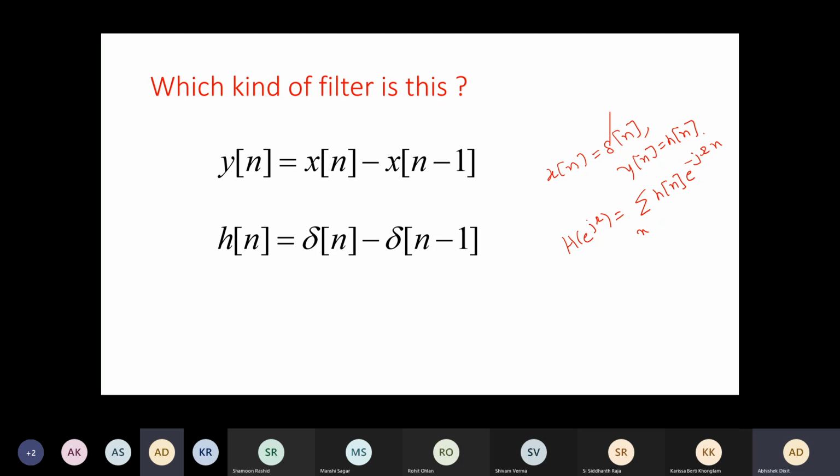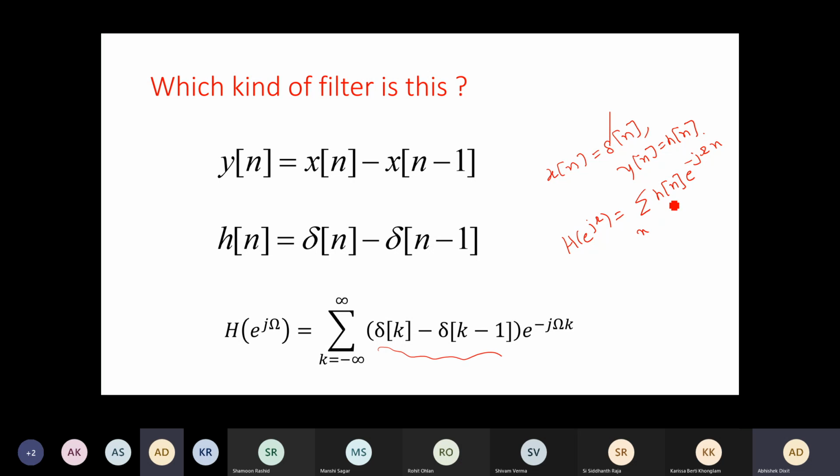So now it's a very simple exercise. What we did is, instead of h of n, we have just taken h of k. It doesn't matter, it's just a different variable. We have multiplied this with e to the power minus j omega k, and we have taken all values of k. So this will give us the frequency response, right?